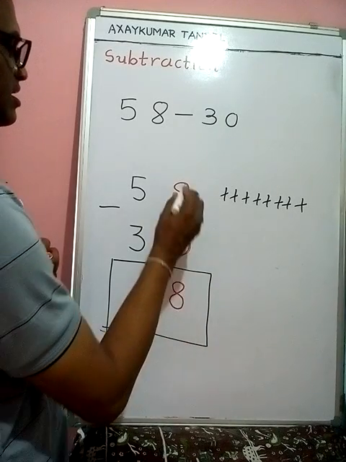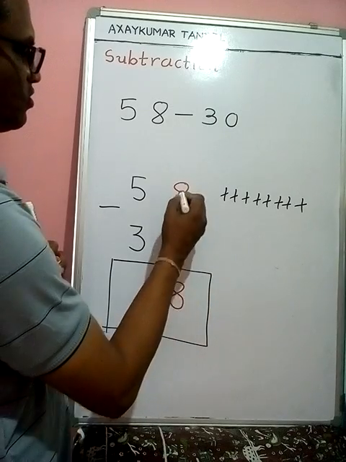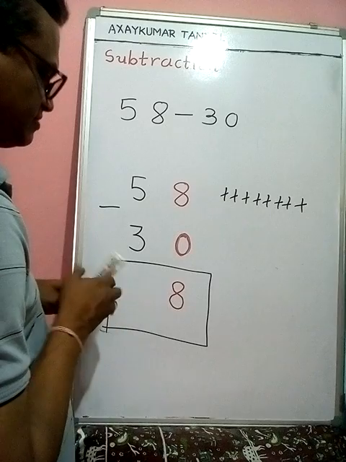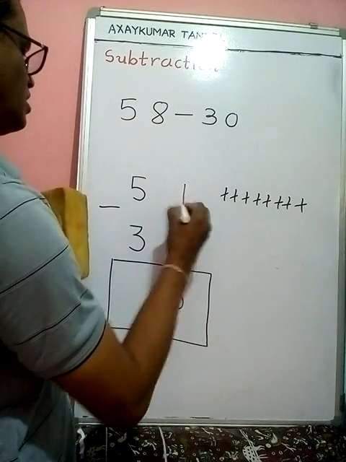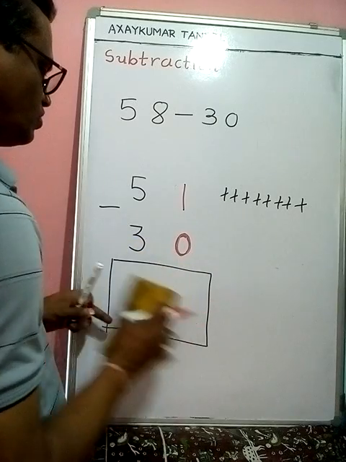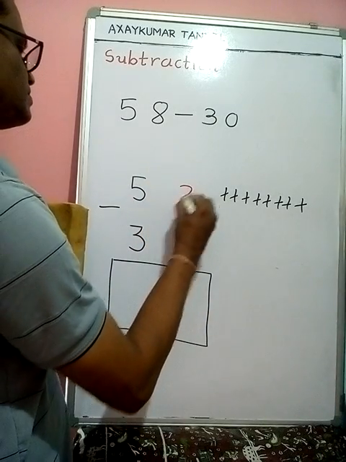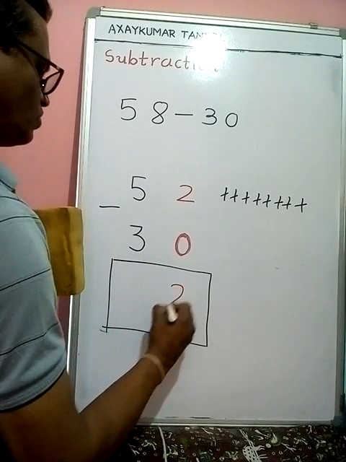Okay. If here 1 minus 0 is equal to 1. If here 2 minus 0 is equal to 2.